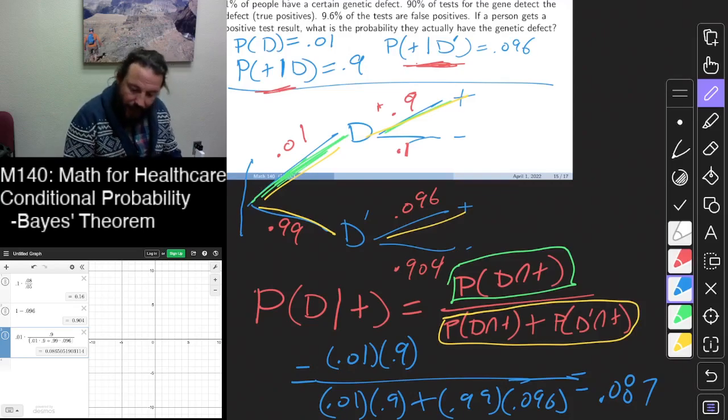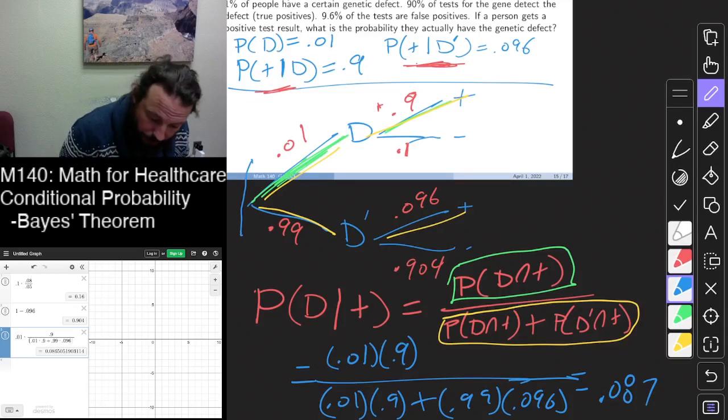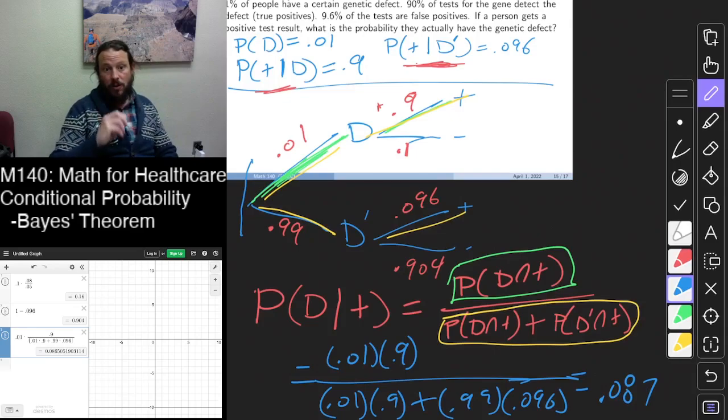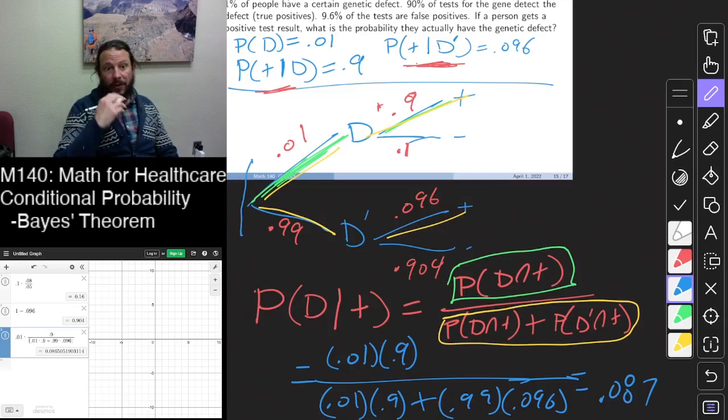But 99 people would be walking to without the disease, and then about 10% of those, so about 10 people, would get a positive test result, and you would have 10 people there compared to one person up on the upper branch. Let's try and sort that out.